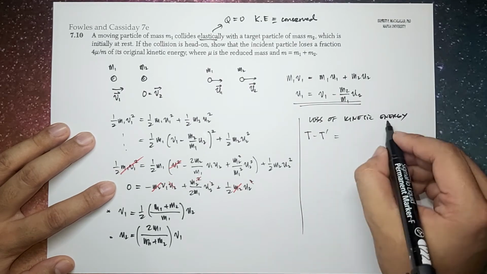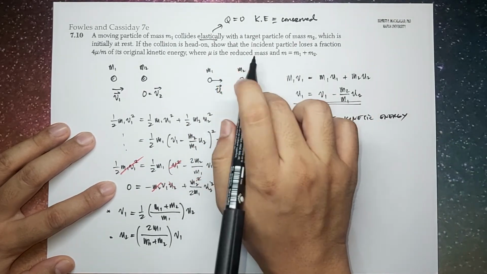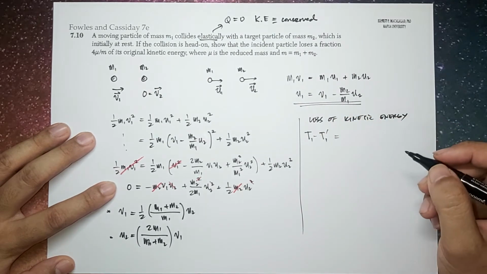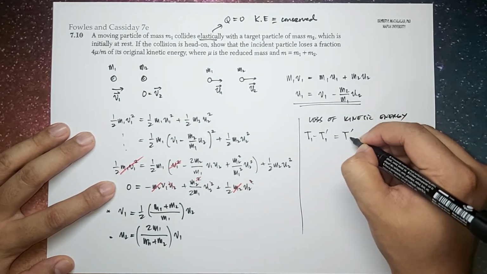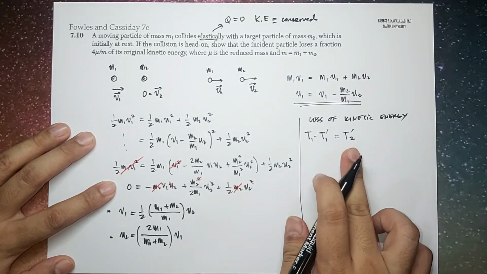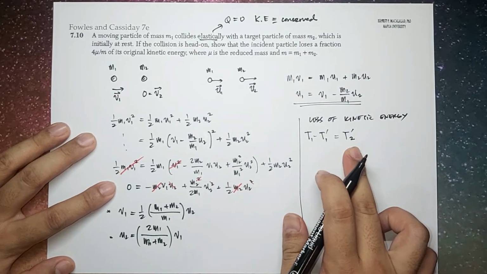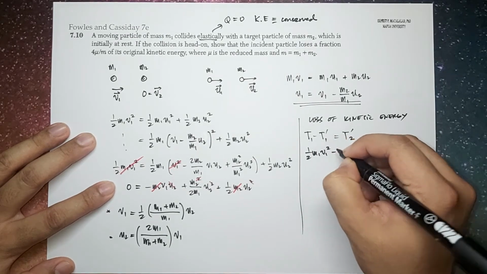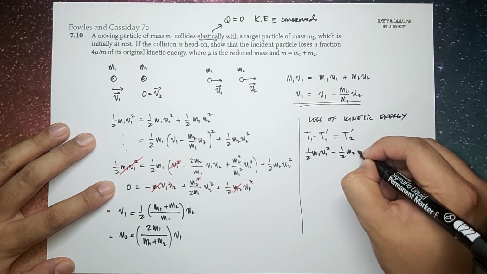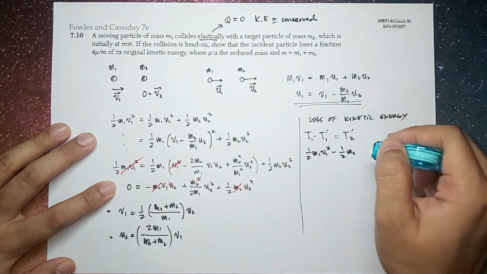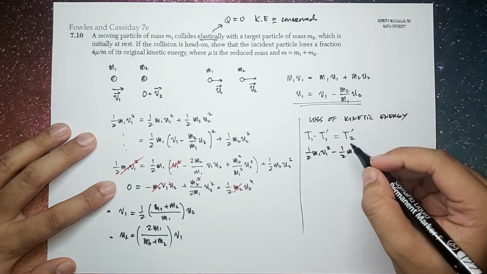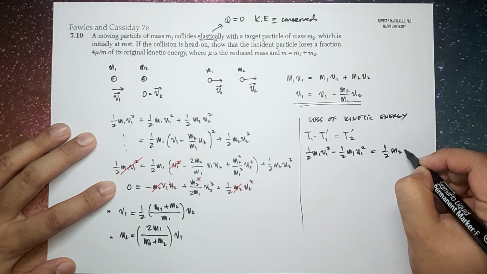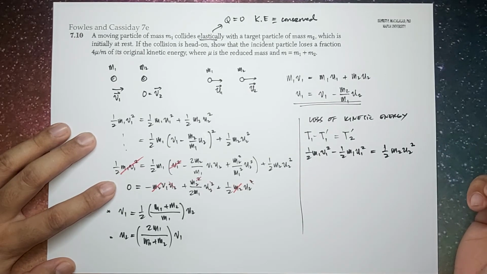So this is the loss of kinetic energy of the incident particle. Let's call that T1 minus T1 prime, and this is transferred to the kinetic energy of the second particle after collision. So this becomes 1/2 m1 v1 squared minus 1/2 m1 u1 squared. This is equal to 1/2 m2 u2 squared.